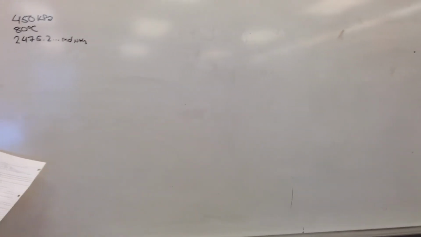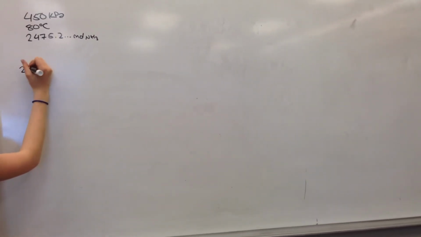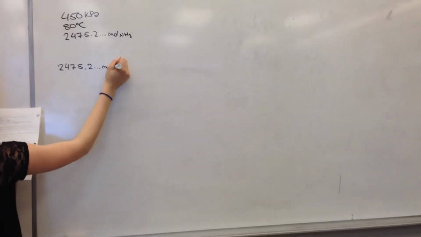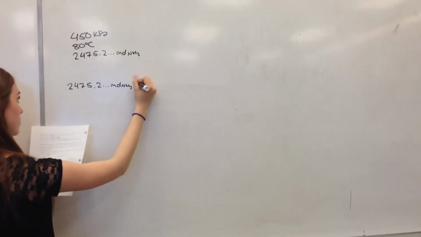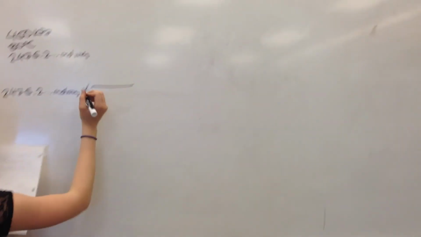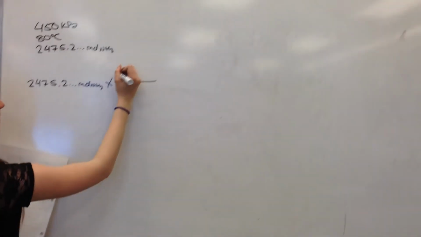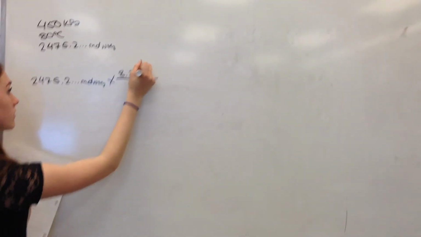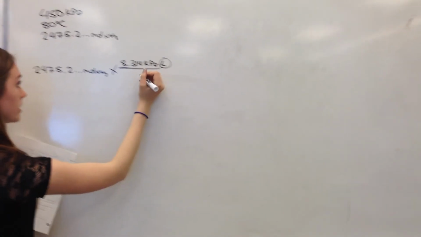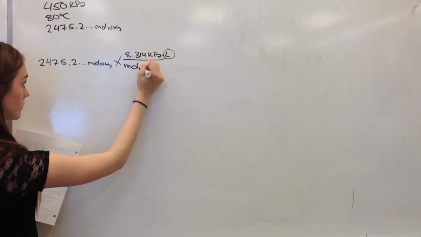Really, you can just do this all in one step, but I didn't have enough room. So we take the number of moles of ammonia to convert it to liters. So if we're using the ideal gas constant, that gives us the unit of liters that we need, and it also crosses out our moles of ammonia.